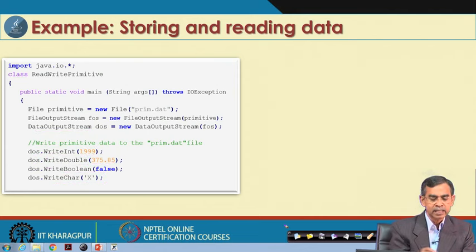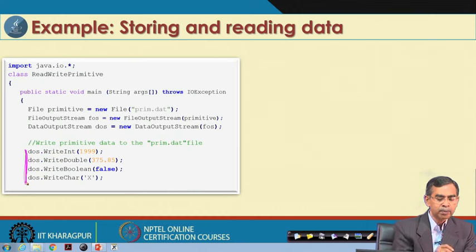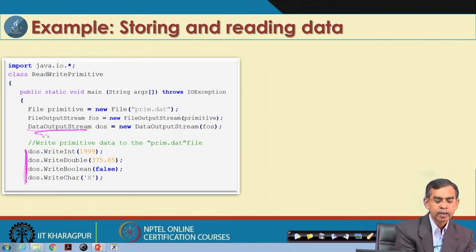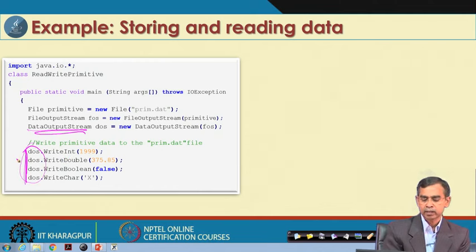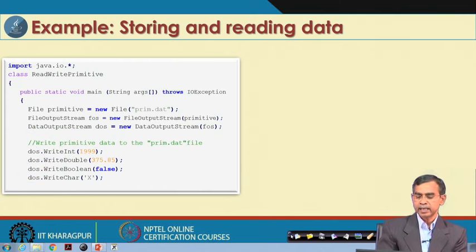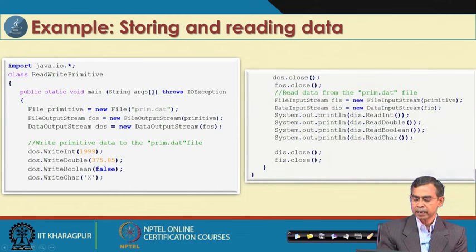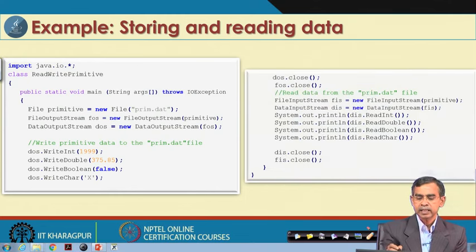So, here you can see the 4 different types of data which can be stored into a data output stream. Once the data output stream is ready, then the same data can be pushed into this file output stream. This is the rest of the part here, as we see.